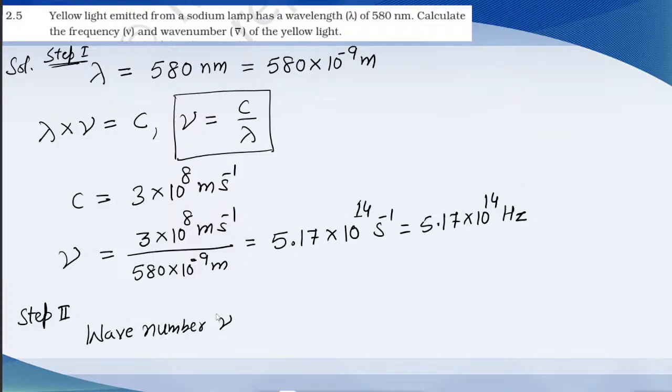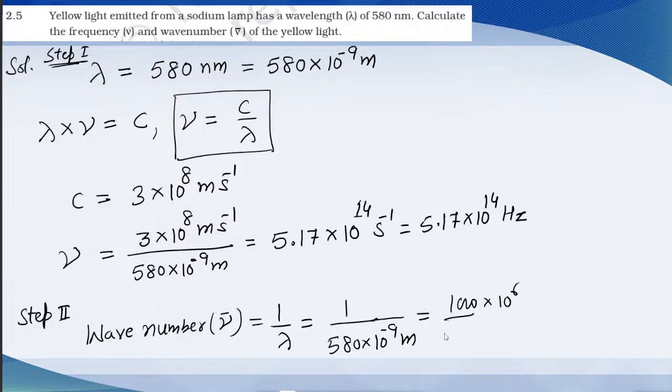Wave number nu bar is 1 upon lambda, that is 1 upon 580 into 10 raised to power minus 9 meter. That is equal to, just take it as 1000 into 10 raised to power 6 divided by 580, 1000 over 580, that is 1.724 into 10 raised to power 6 per meter.